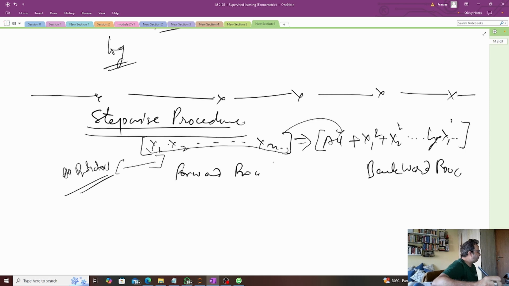In the forward procedure, you start with 0 predictors. In the backward procedure, you start with all predictors.